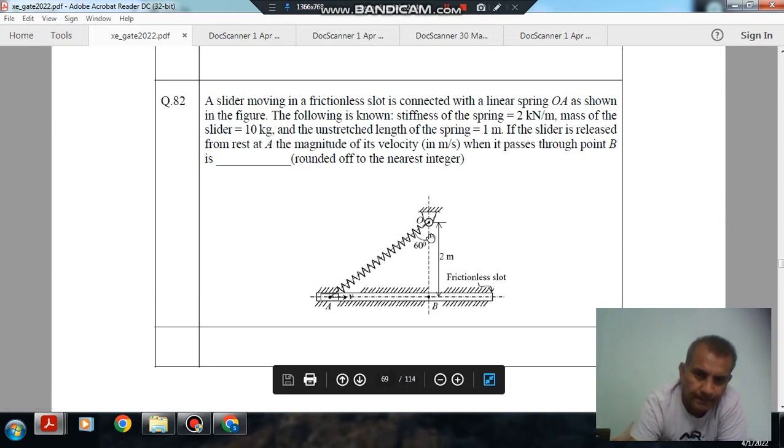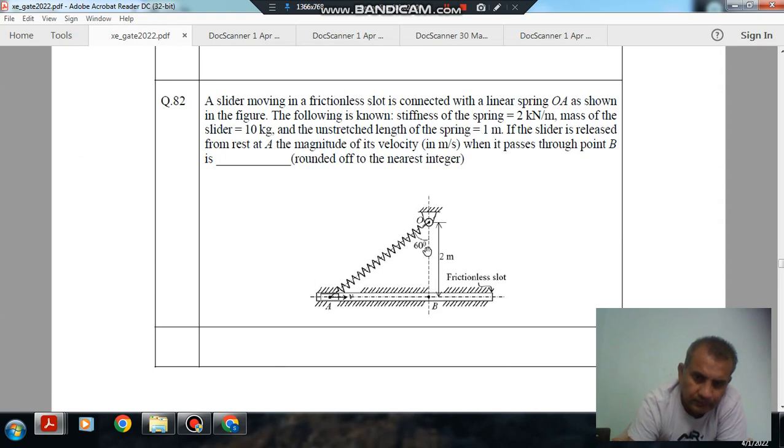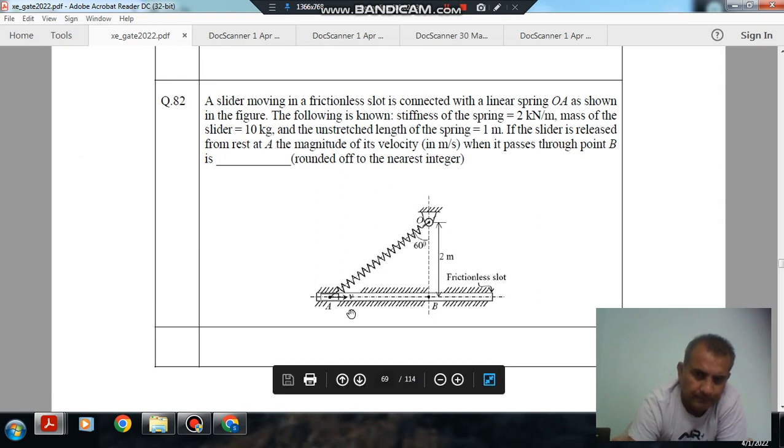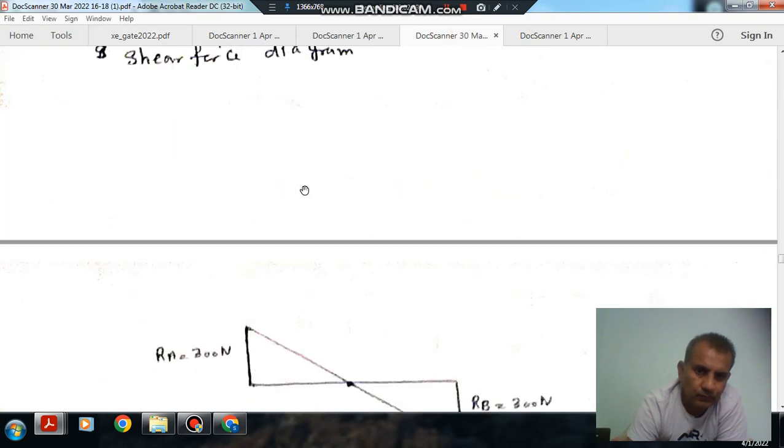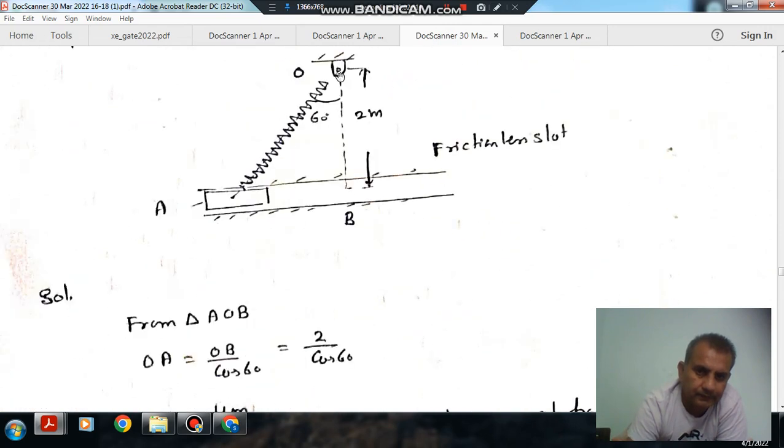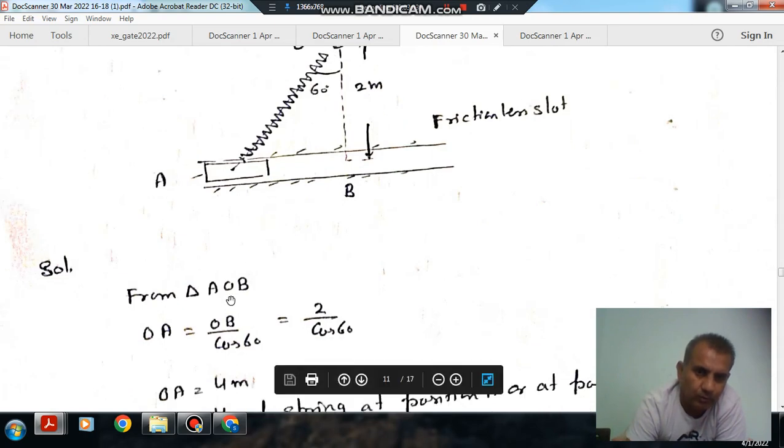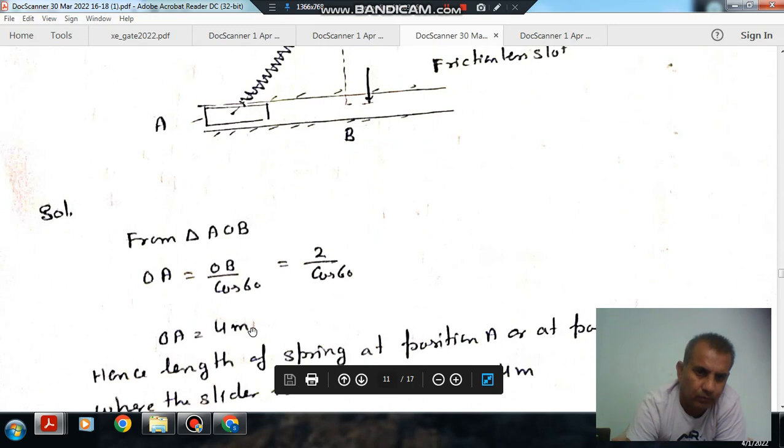So this is your spring, this is your slider, this is having velocity V, this is 2 meter, this angle is 60 degree, this is your point B. And this is a frictionless slot. Now at point A, the length OA is 2 by cos 60, or OB by cos 60, so that is 4 meter.